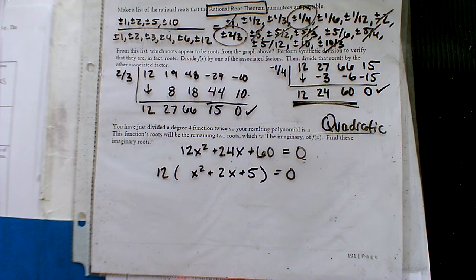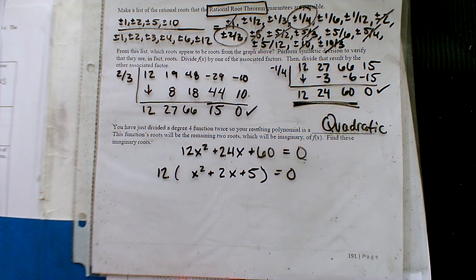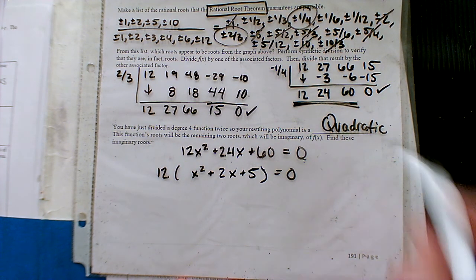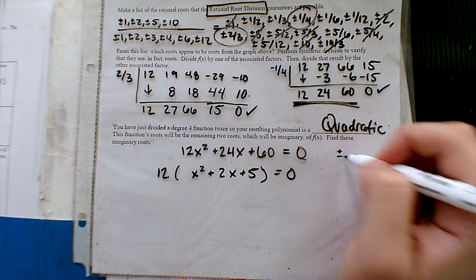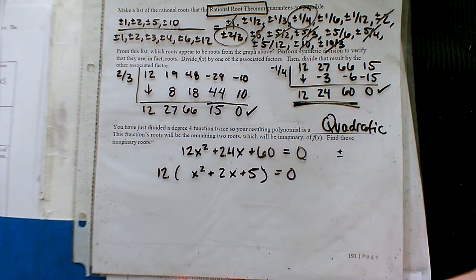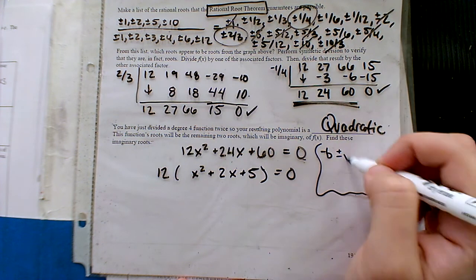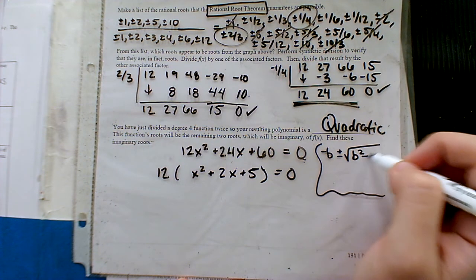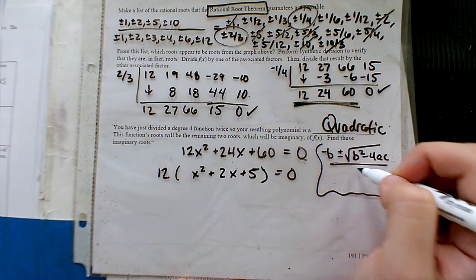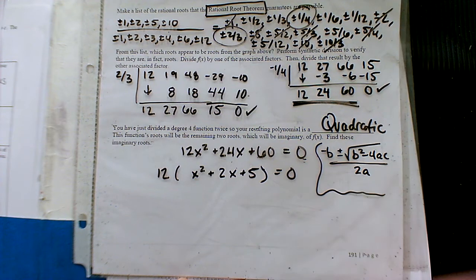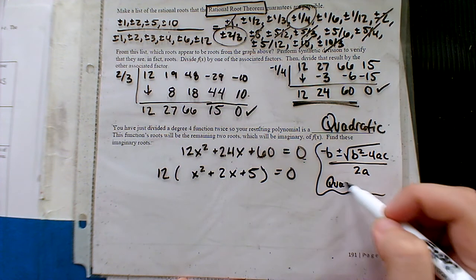So how can we solve for x? We can't solve by factoring, so is there something else we can try? Plus or minus b, all over 2a. What's that called?